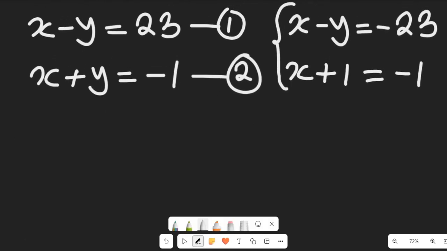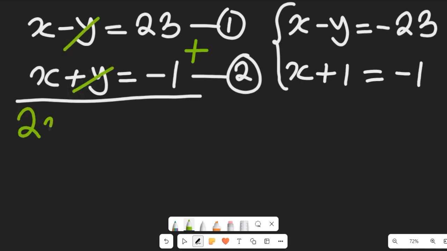To solve this using the elimination method, we can add the equations to eliminate y. This is going to give us 2x, while this gives us 0, equal to 23 plus negative 1, which is going to give us 22.